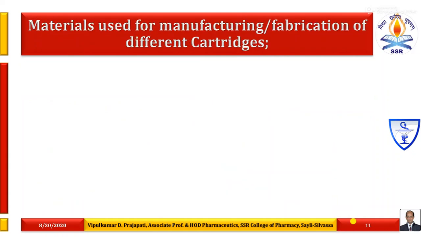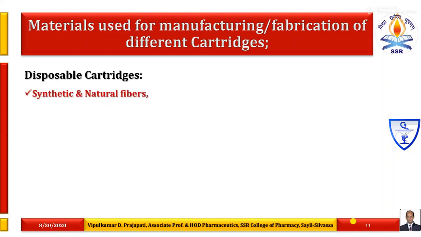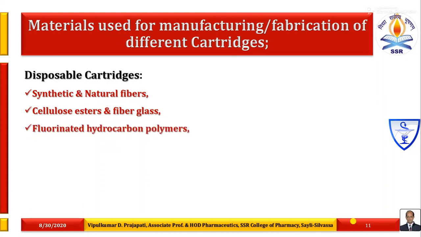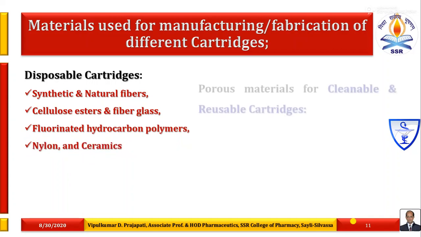The materials which are used for manufacturing or fabrication of different cartridges are, for disposable cartridges, synthetic and natural fibers, cellulose esters and fiberglass, fluorinated hydrocarbon polymers, nylon and ceramics.